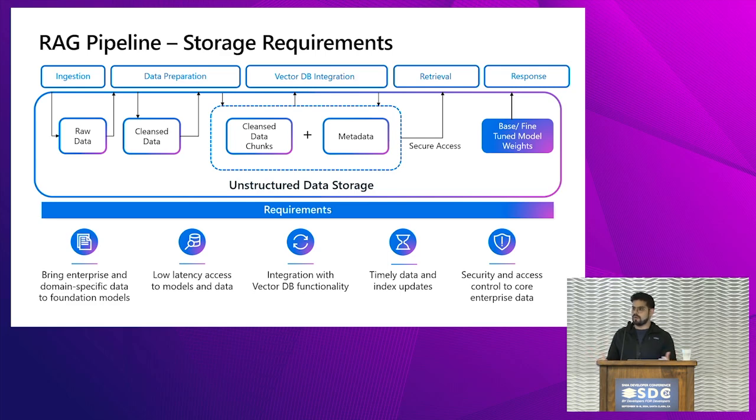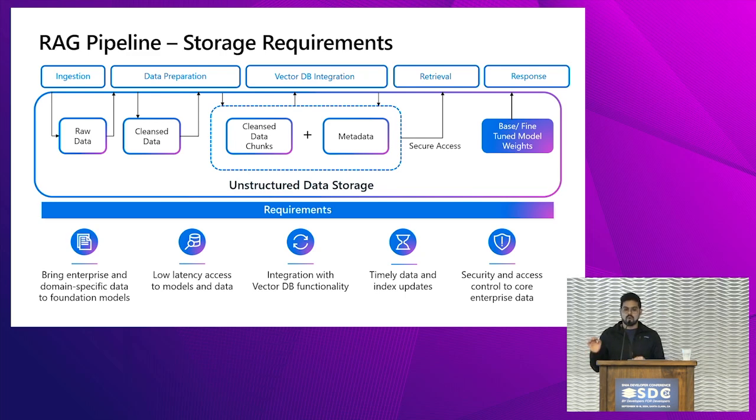What if I ask a question and I get a response that does not mirror the actual state of my knowledge base? That's why freshness of the data and reflecting that freshness in the query for retrieval augmented generation is such an important factor. We'll talk about some of the integrations that object storage systems today have to enable timely updates of the vector index so that the query always presents fresh information as a response.